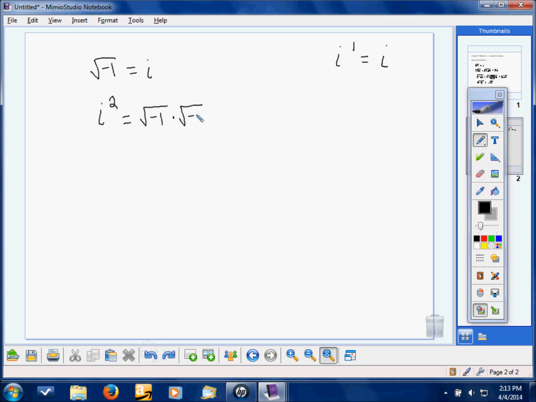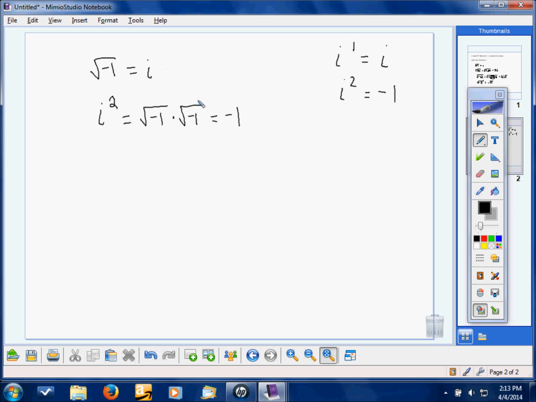The square root of something times itself is itself, so this would be -1. So I squared has to equal -1.